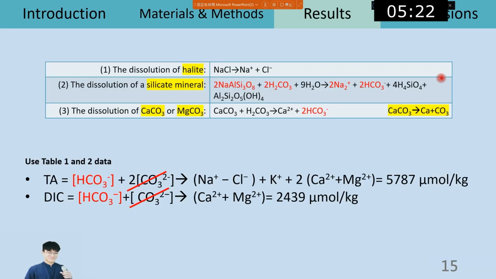Okay? And next we see these three equations of the carbon chemistry. And our author used table 1 and table 2 data I showed you to calculate the TA and DIC.